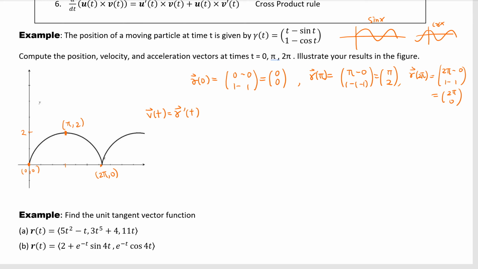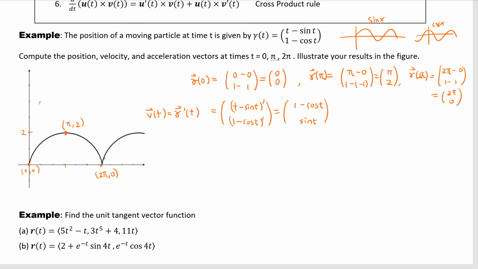Gamma prime of t is the derivative of (t minus sine t, 1 minus cosine t). The derivative of t is 1, the derivative of sine is cosine t. The derivative of 1 is 0, the derivative of cosine is minus sine, but minus minus becomes positive, so this is positive sine t.